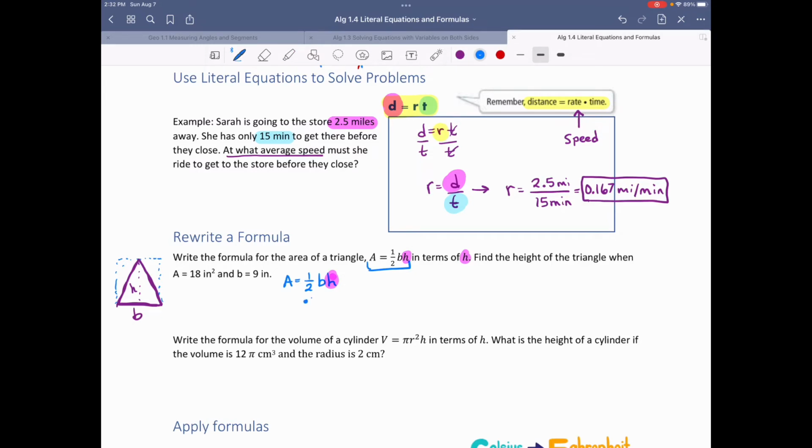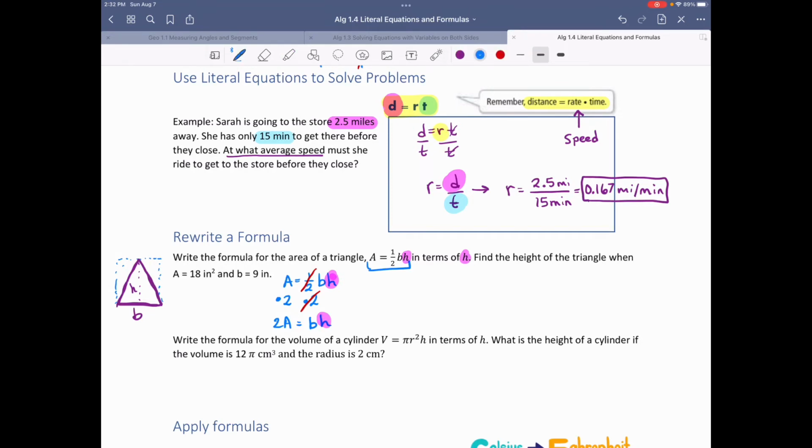So I'm going to times both sides by 2, and that gets rid of 1/2 because 2 is the reciprocal of 1/2, and it cancels. 2 times 1/2 is 1, goes away. 2 times A is 2A equals BH. I still am looking for h though. I still want to know what h is.